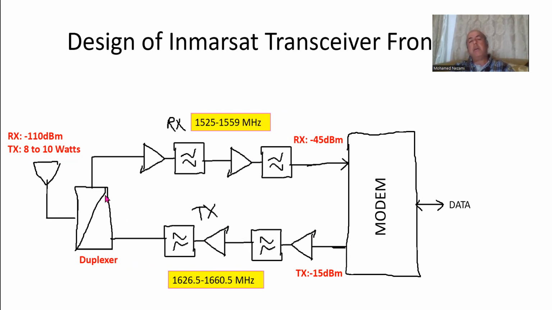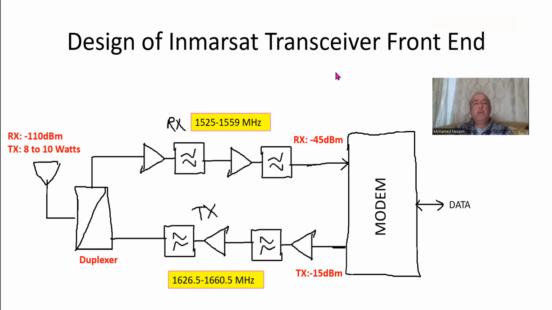So it's direct; the same frequencies come in and the same frequencies go out. The receive frequencies are specified as 1525 to 1559 megahertz, while the transmit frequencies are 1625 to 1660 megahertz, so there is a spacing between these two bands.